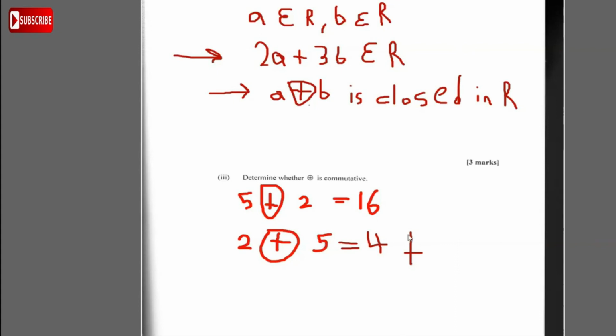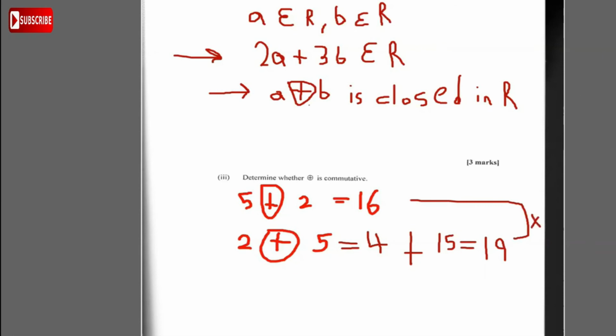In this case, b is 5. 3 times 5 is 15. So 4 plus 15 is 19. And so circle plus is not commutative. These two are not the same, so they're not commutative.